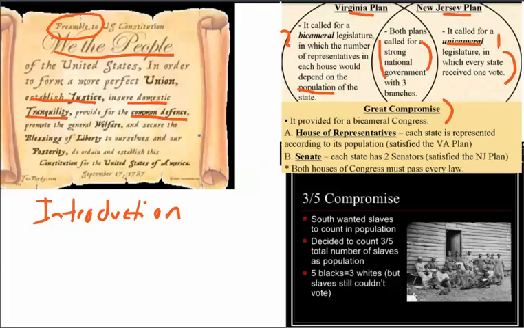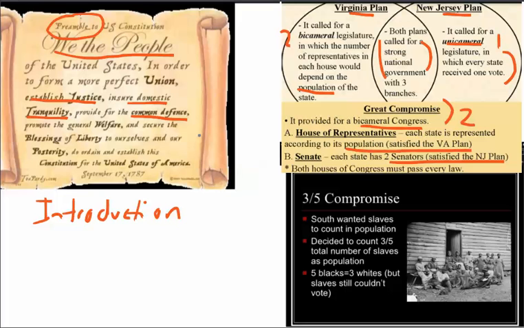It creates two houses of Congress, one of them called the House of Representatives, where representation is based on population. That's what Virginia had argued for. And a Senate where each state has two senators, thus protecting the power of the small states. That's what New Jersey had argued.